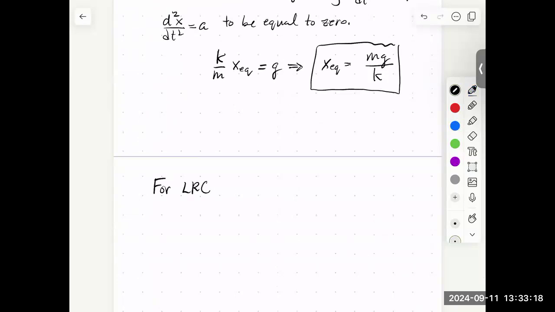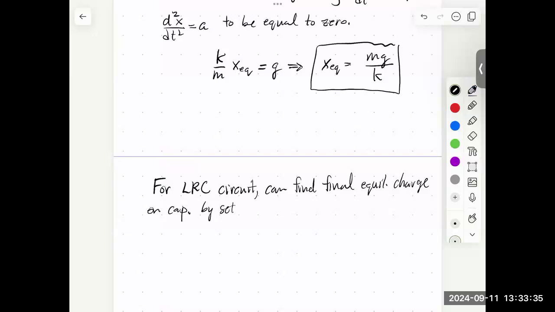For the LRC circuit, we can find the final equilibrium charge on our capacitor by setting I, which is dq/dt, and, well, there's no special name for the derivative of the current, so I'll just write it as the derivative of the current or the second derivative of the charge, to 0.